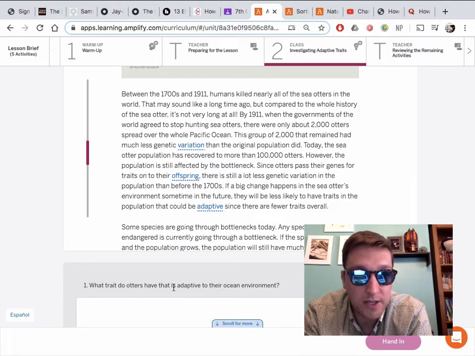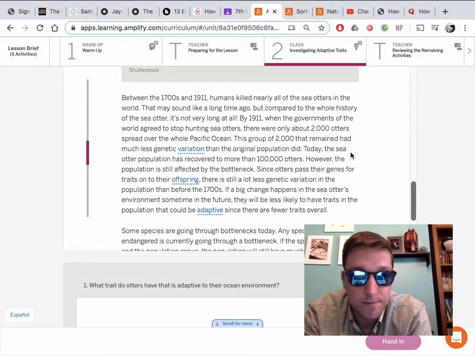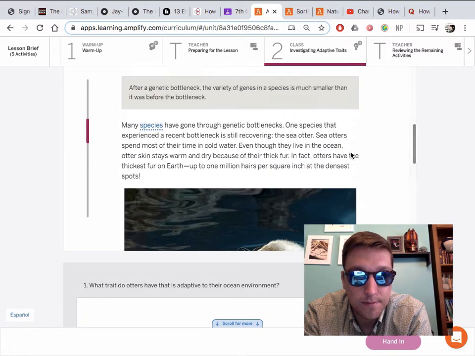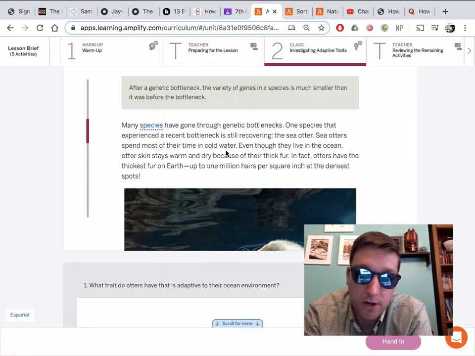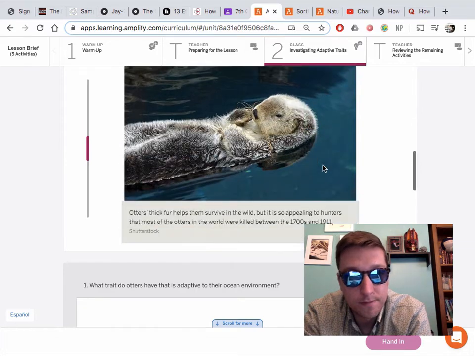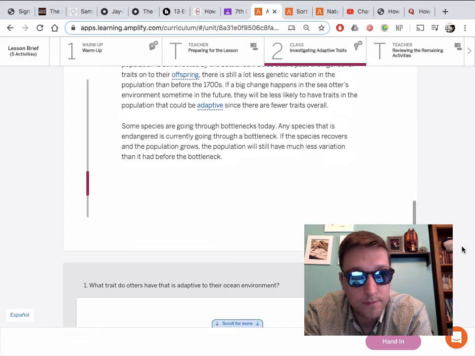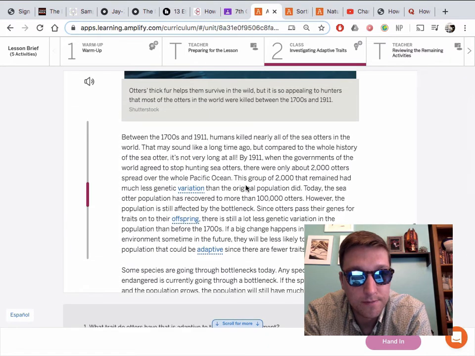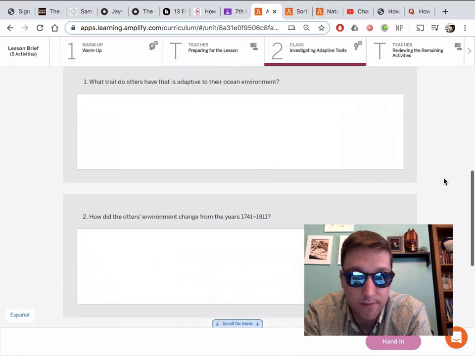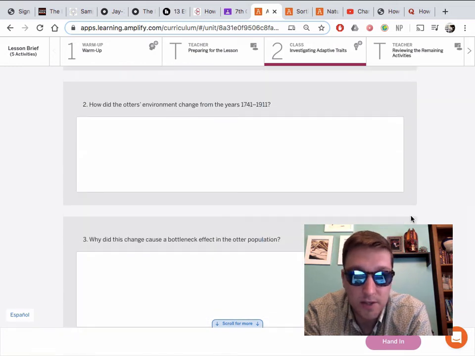But what traits do otters have that is adaptive to their environment? I think it mentions it up here. So otter skin is adapted to cold water. How did the otter's environment change? Well, humans. Kind of like the predator there, right? Why did this change cause a bottleneck?